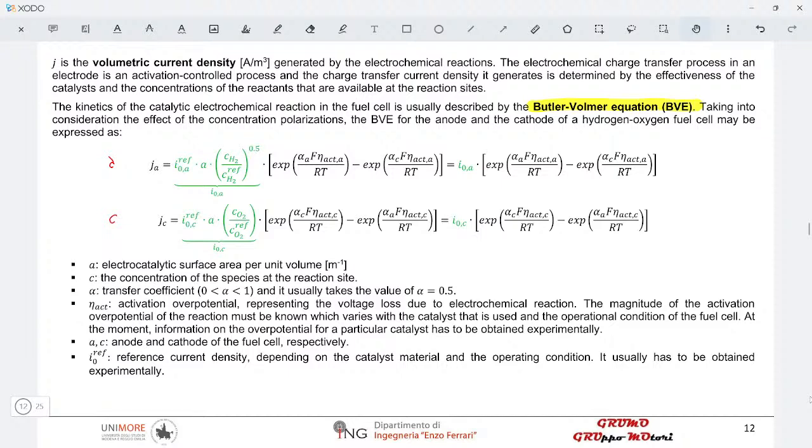Basically, you have the difference between two exponential terms here, where we have eta, which is the activation overpotential, okay? So again, this is the loss of voltage related to the onset of electrochemical reactions. You have these alpha coefficients.